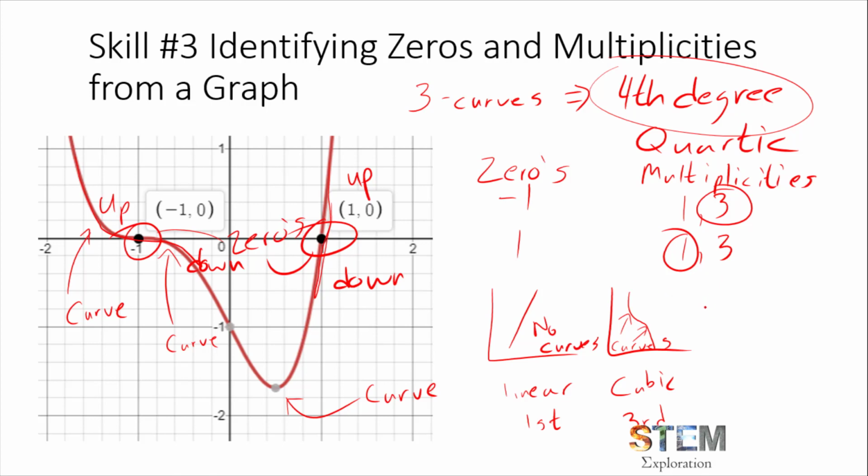If we were going to write this out as a function, you would just say x plus 1, which is the zero at -1, cubed, and x minus 1 to the single power, and that's how you would write out this function and identify those multiplicities.